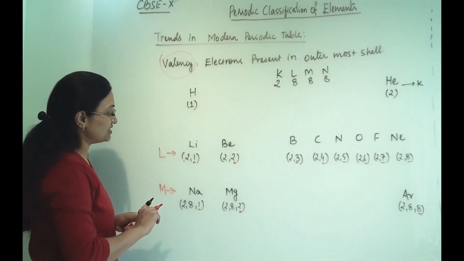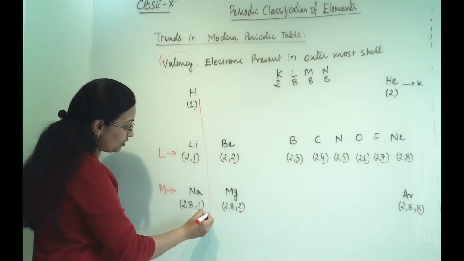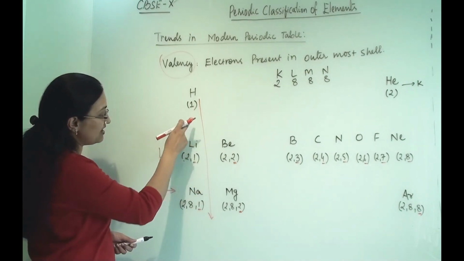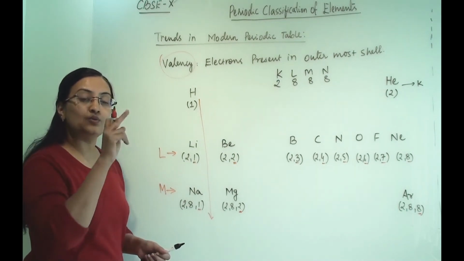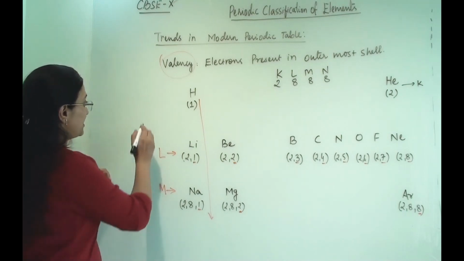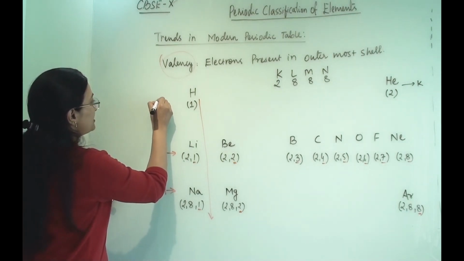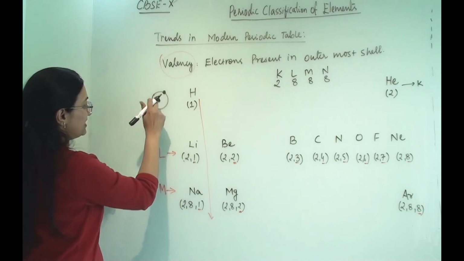Now if you have noticed, as we are going from top to bottom, the valence electrons remain the same in the last shell. Only one shell is being added. So if I represent this trend in orbital structure, this is one shell and it has 1 electron.